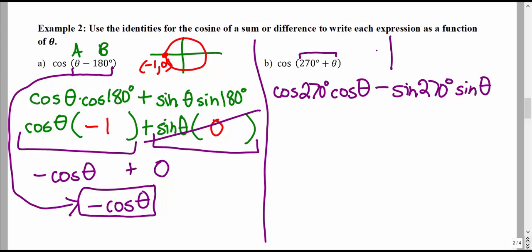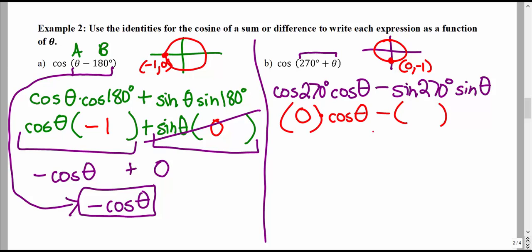We want to find cosine of 270, so let's think about our unit circle, and the point representing 270 would have an x value of 0 and a y value of negative 1. So cosine of 270 would be the x value, which is 0, times cosine theta, minus, let's put them in parentheses there, sine of 270 degrees, which would be negative 1.